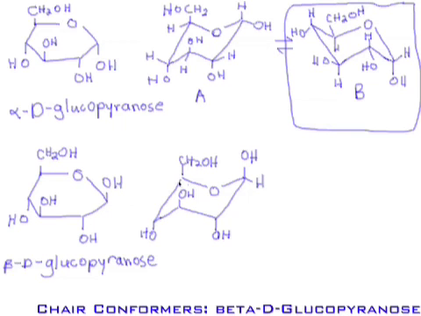And again, I can draw two possible chair conformers. And so if I draw the ring flip structure, I end up with this.